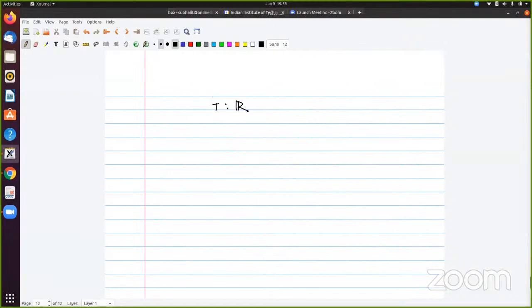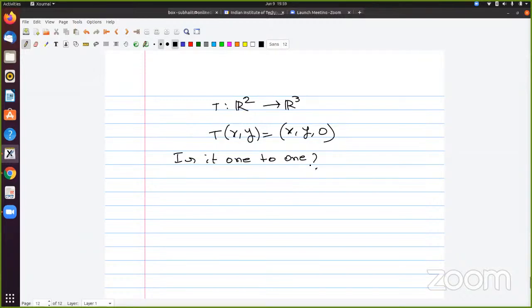T from R2 to R3 again. T(x,y) is (x,y,0). Now is it 1-to-1? Yes. Why? Because when we take (1,1), that will give (1,1,0).